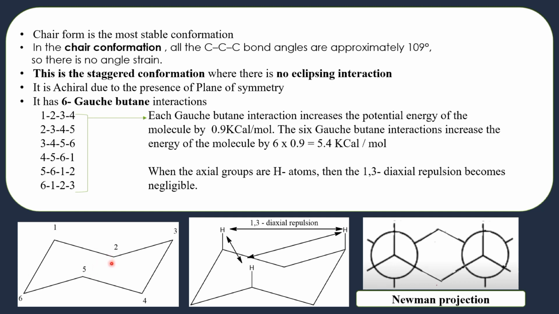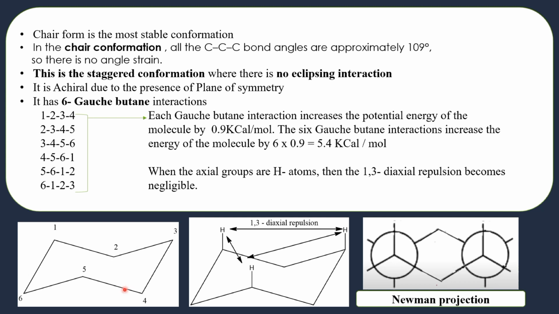But there are 6 gauche-butane interactions present in this chair form. You can just see carbon number 2, 3, 4, 5. You can consider this like a butane. With respect to the C3-C4 bond, these two bonds are having gauche interaction.